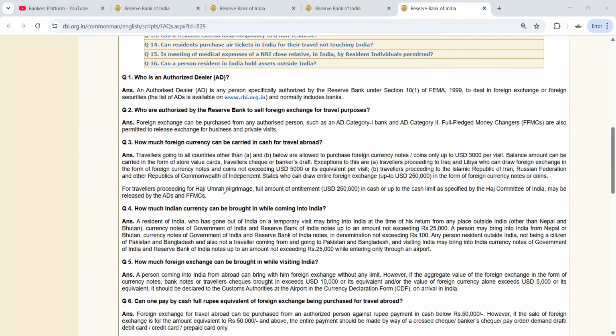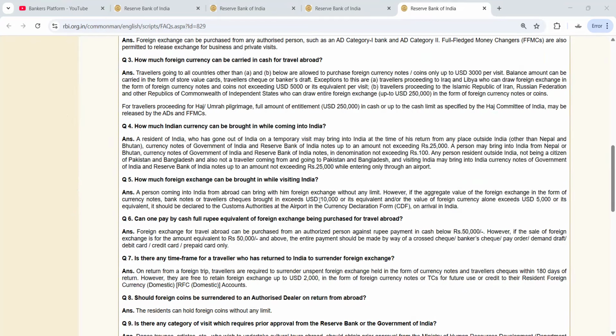So next is how much Indian currency can be brought in while coming into India. So if somebody is coming from abroad to India, how much amount can any person bring into India?